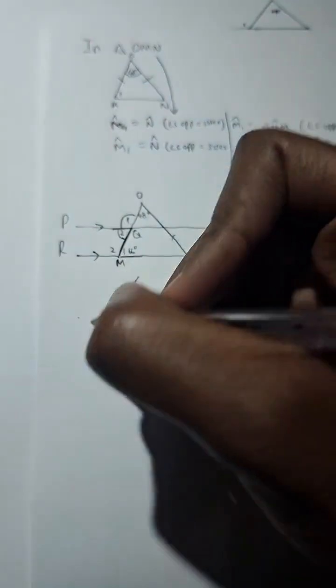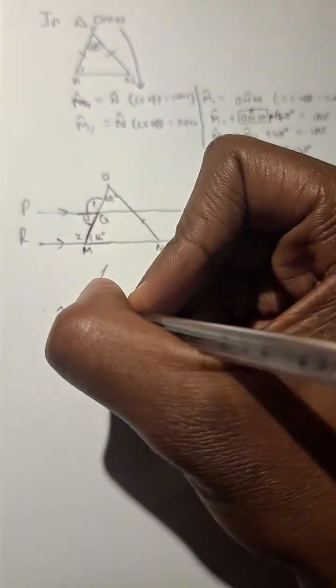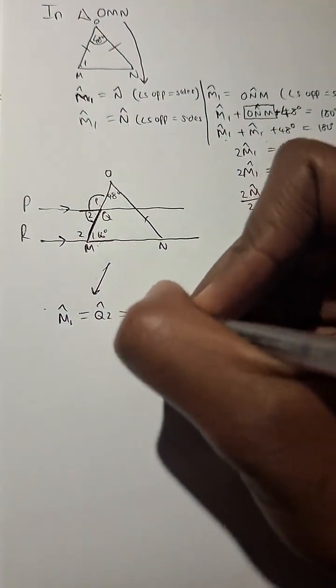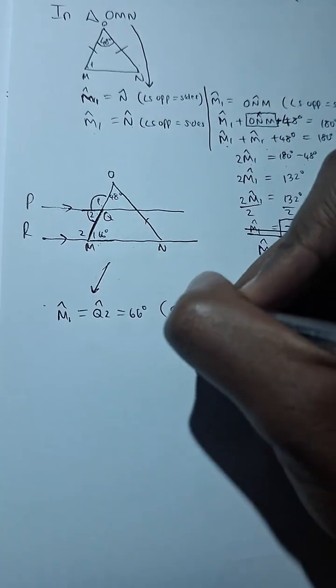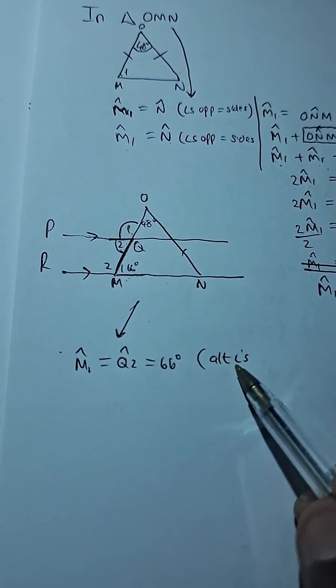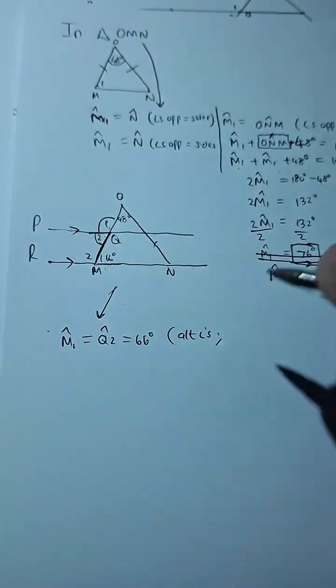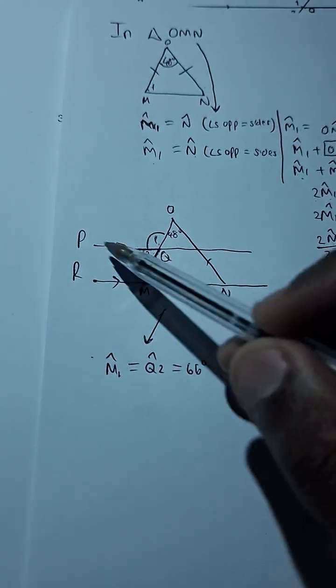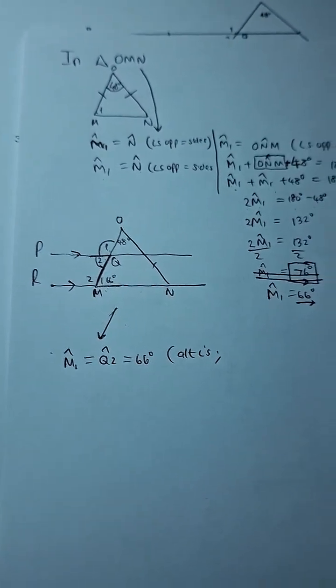So we are going to say angle M1 is equal to angle Q2, which is equal to 66 degrees. Why? Now, very important how we write our reason. We are going to say alt angles, then we write a semicolon. We indicate the lines that are parallel. So P who?